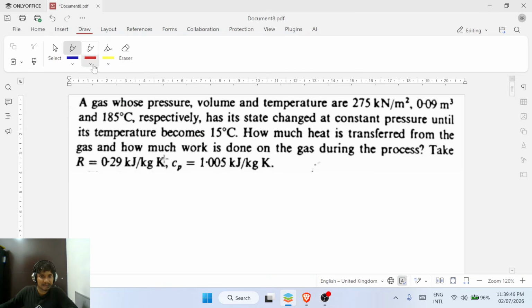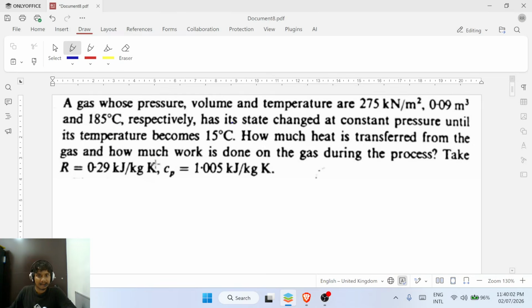A gas whose pressure, volume, and temperature are 275 kilopascal, 0.09 meter cube volume, and 185 degrees Celsius temperature has its state changed at constant pressure until its temperature becomes 50 degrees Celsius.